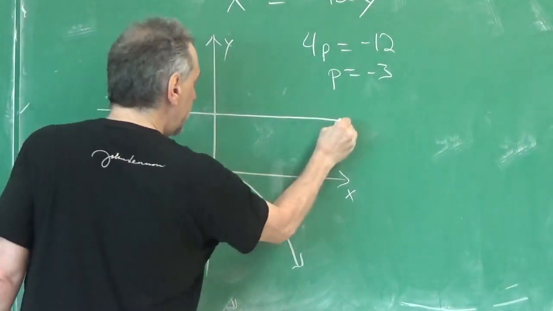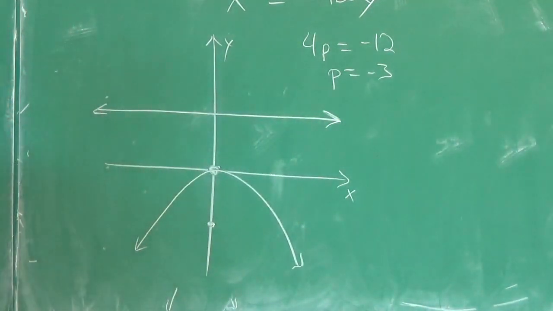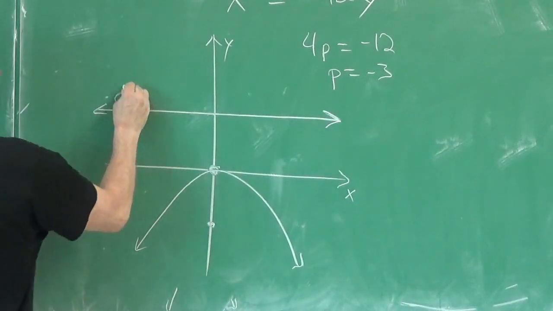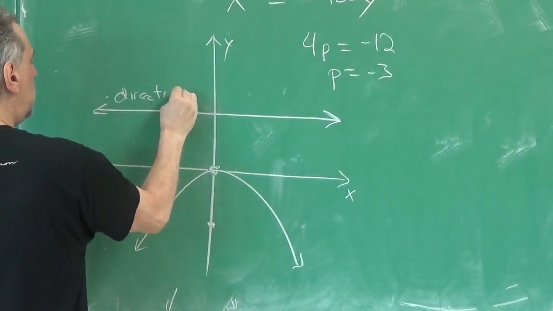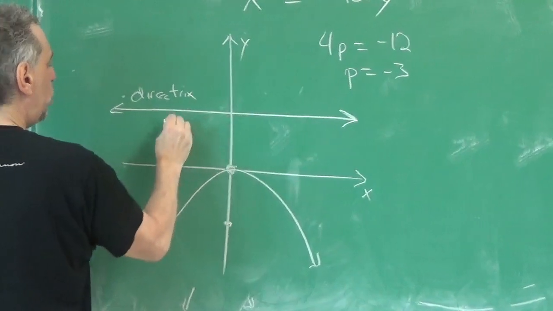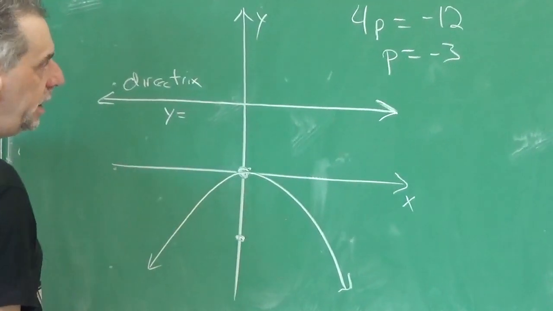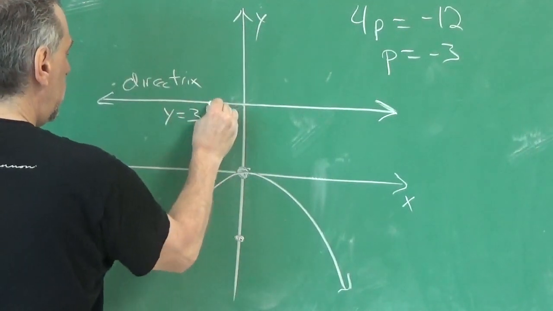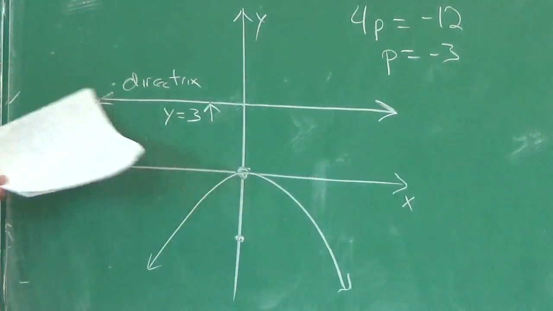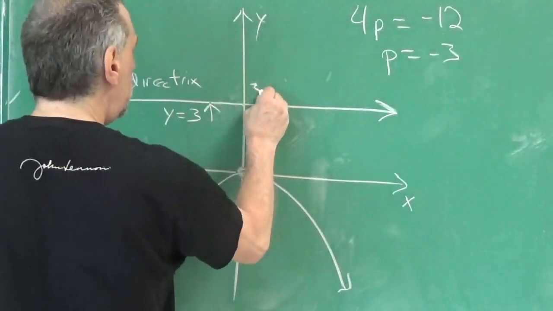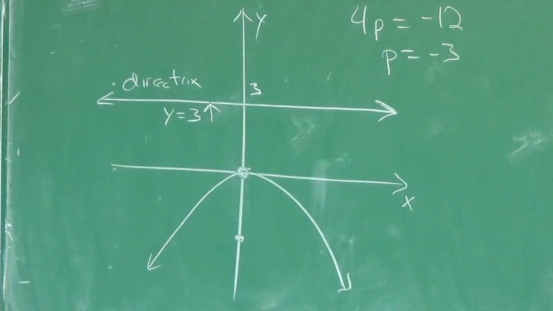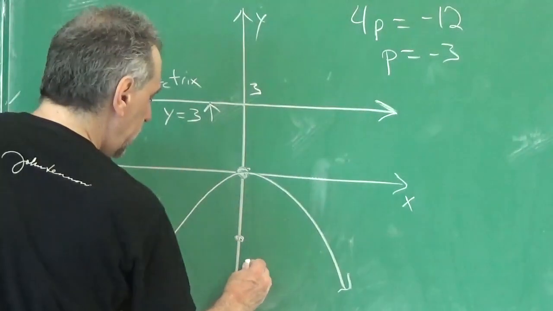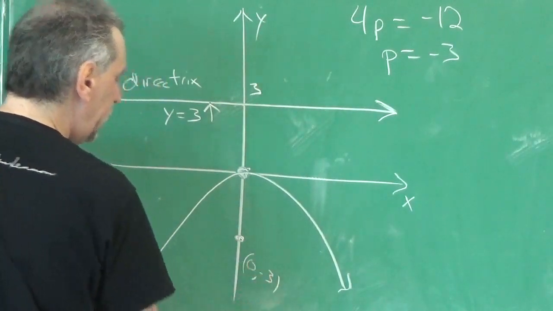And the directrix, remember, in this case, is going to be a horizontal line. And the equation of a horizontal line is always just y equals whatever number that line is going through. And that's up there at 3. Our focus is at 0, negative 3.